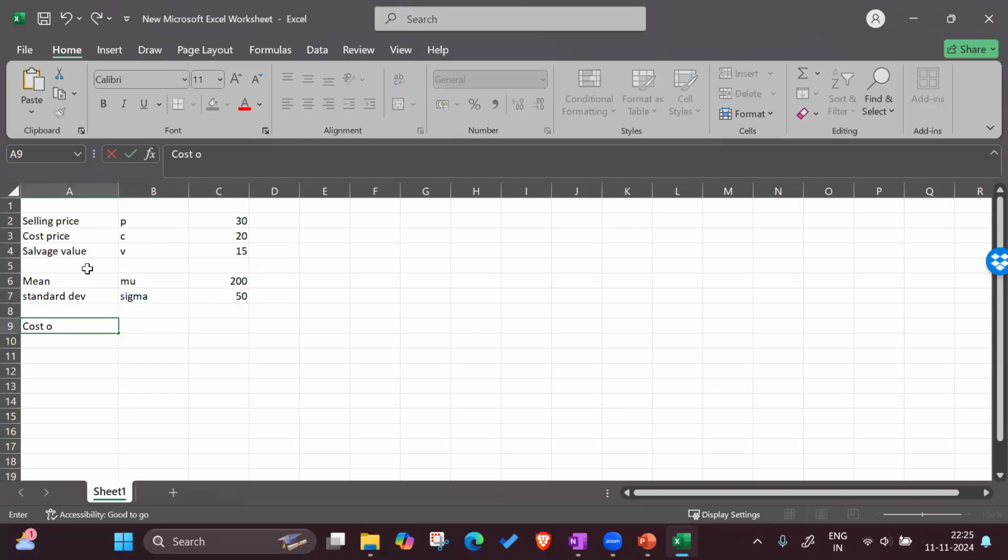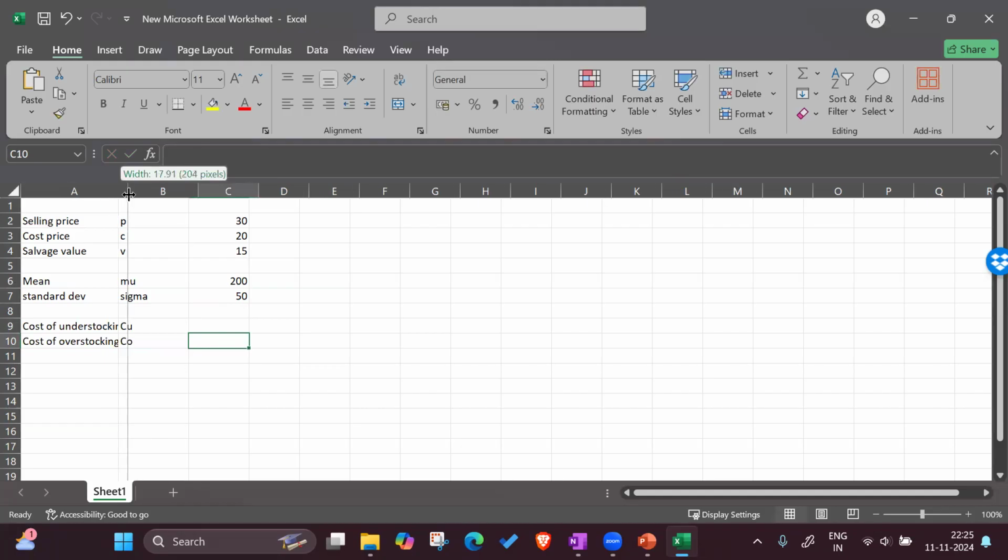From here, we can calculate the cost of understocking and the cost of overstocking, which is Cu and Co over here.